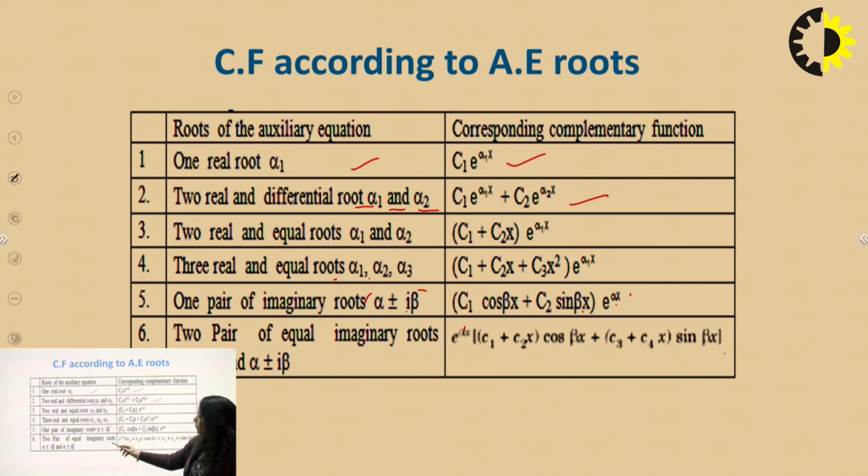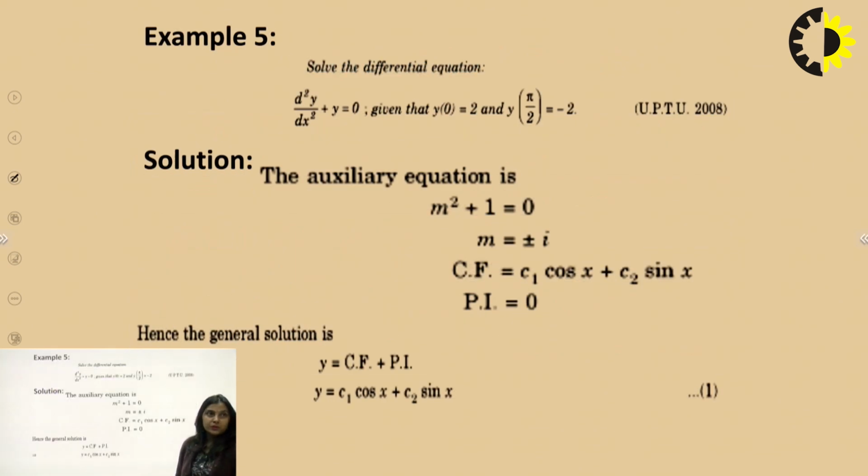And now if two pairs of equal imaginary roots alpha plus minus iota beta and alpha plus minus iota beta, that is the repetition case, the complementary function will be e power alpha x [(c1 plus c2x) cos beta x plus (c3 plus c4x) sin beta x]. And here c1, c2, c3, c4, all these are arbitrary constants.